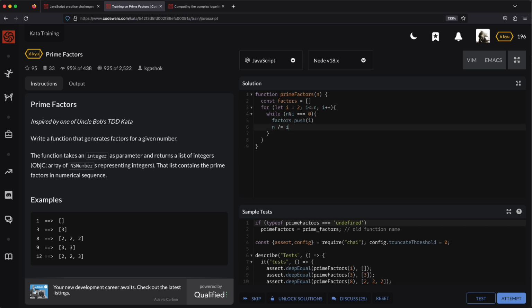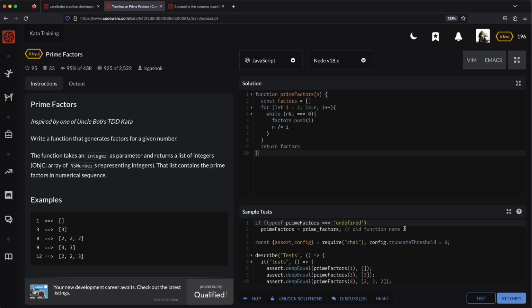This is the short version. And when this while is done, then I would go and add to the i for the next, so 2, 3, and so forth, until I get to the end. And when everything is done, I can return the factors.